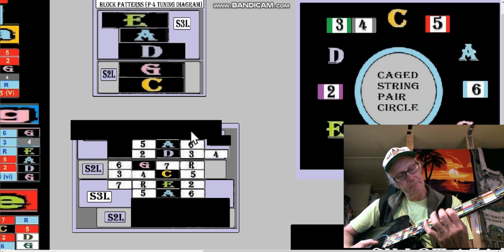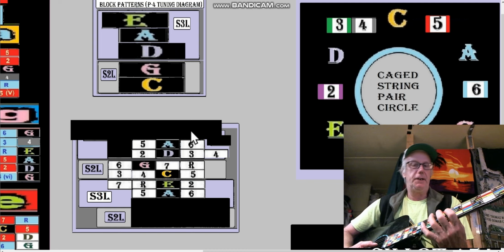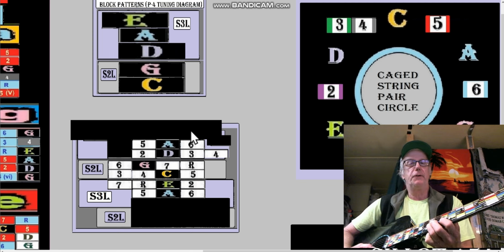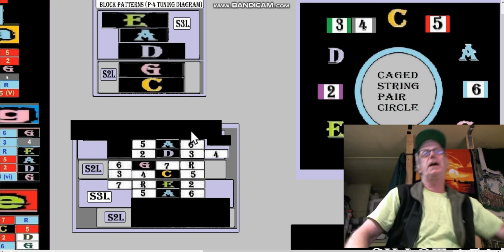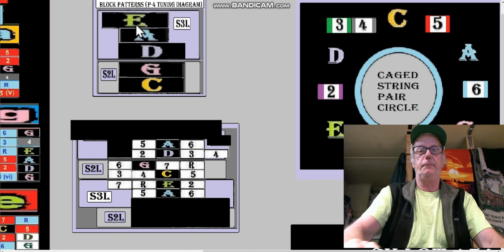Here. That would have been the key of the other key. So it would be A, E, and then we start an S2L, C, G. Now we warp up. We're going to start another S2L, D, A. All right, that's how that works. You can remember it that way.